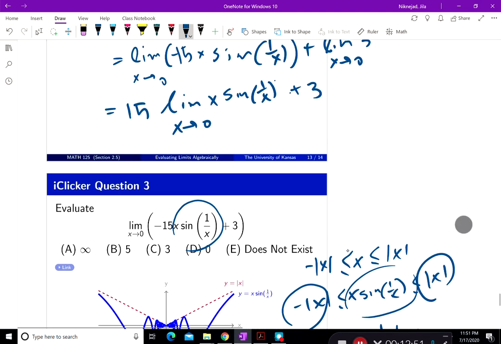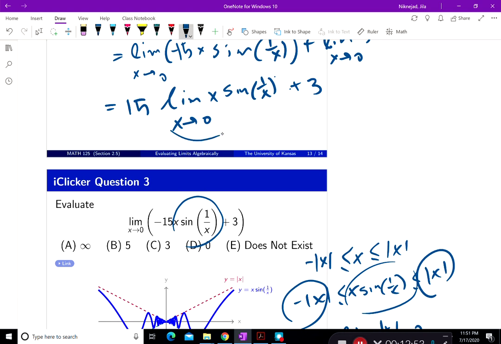Now going back to here, if this limit is equal to 0, negative 15 times 0 plus 3, the limit is going to be 3.